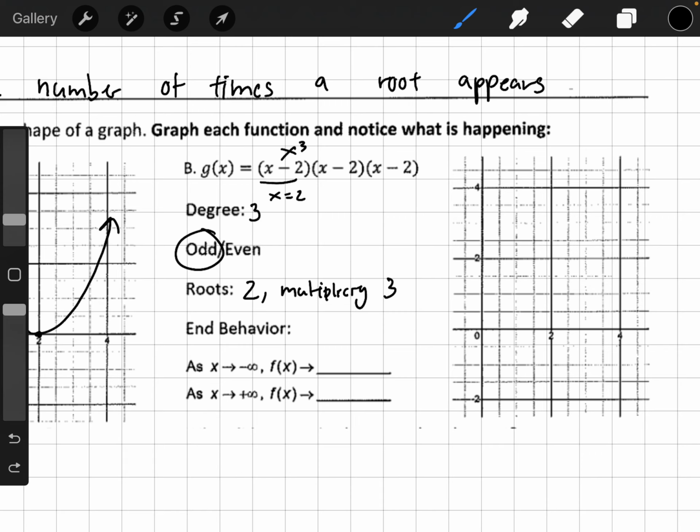Now remember, when we have a function with an odd degree, it'll start opposite of where it ends. So as it starts from the bottom, as x moves down, as it moves to the right, it will move up.